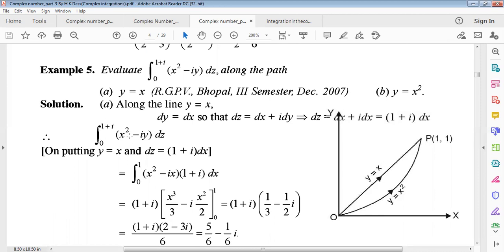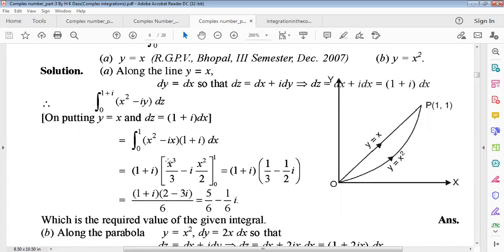Now from 0 to 1 plus i along the line y equals x, dy will be dx. So dz we can convert into only dx: dz equals 1 plus i times dx. Just putting these values, x square minus iy dz can be written, putting y equals x and dz equals this, as x square minus ix times 1 plus i dx. 1 plus i is a constant for this integration.